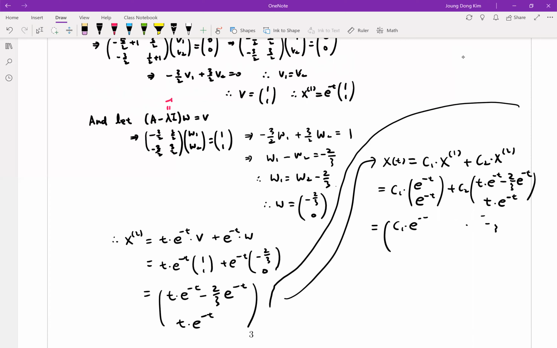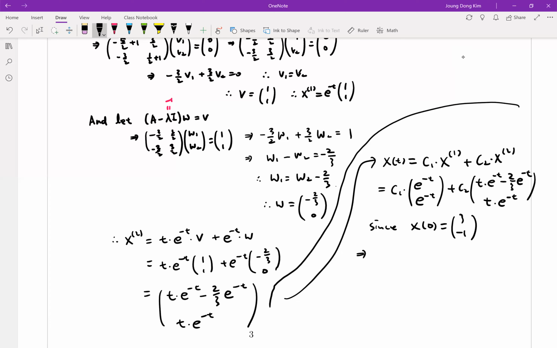It's not necessary. Let me plug in the initial value directly. The initial condition was given by x(0) equal to 3 and negative 1. Plugging in 0, all the exponential parts equal 1, and wherever there is a t, it equals 0.